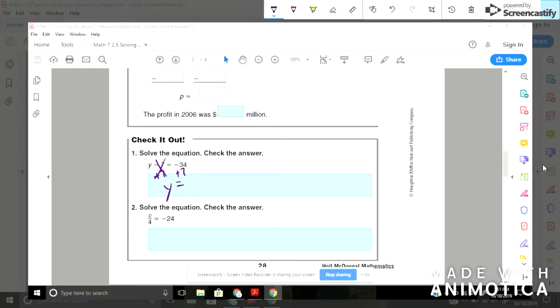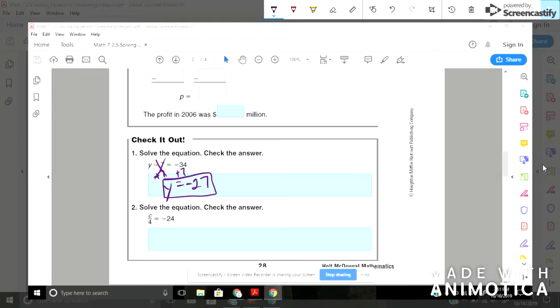Okay, my adding integers rules: they have different signs, so I'll find the difference. 34 minus 7, the difference between those two would be 27. And then take the sign that has the greater absolute value. Well, negative 34 has the greater absolute value, so take that negative sign. So y equals negative 27.